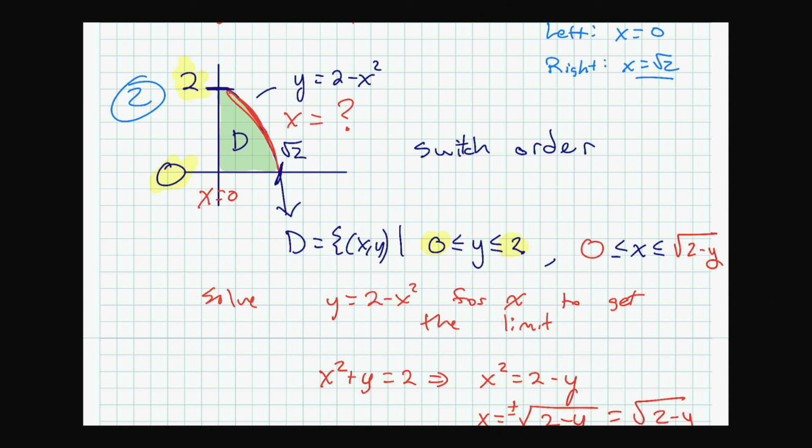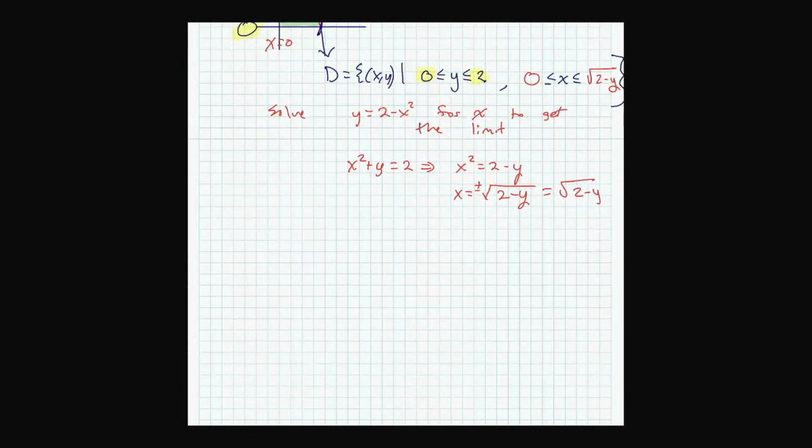So you do that. So it's basically you draw the region and then you start setting it up from scratch, right? So once you have D drawn, it's just like a new set up the integral problem.